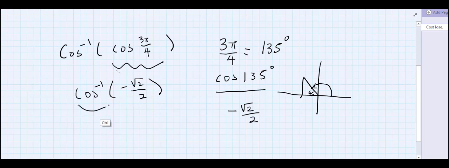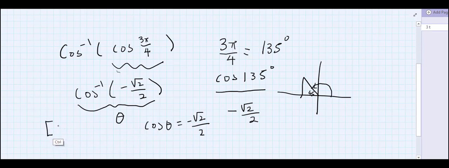This whole thing now represents some theta. Cosine of what will be negative radical 2 over 2? Well, remember, inverse cosine has a restriction. You have to go from 0 to pi. Whatever answer you get, the answer has to be from 0 to pi, including the endpoints.